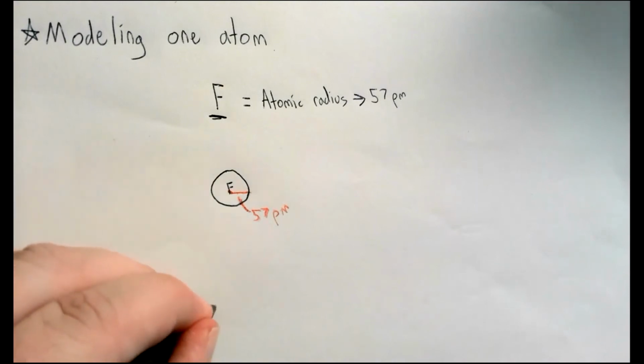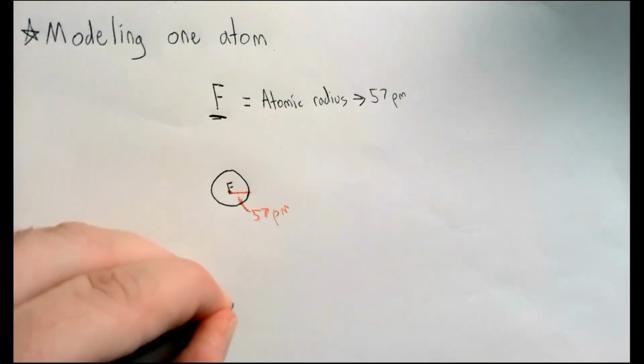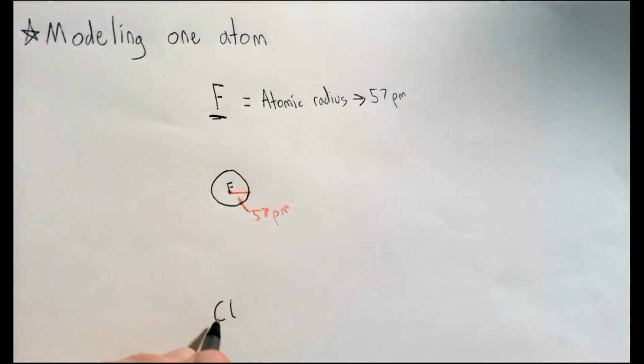Next, I'm going to do a chlorine atom, Cl. Remember, y'all, this is always Cl, never Ci. And once again, I can go ahead and check the atomic radius of this on the checkpoint data slide 3.